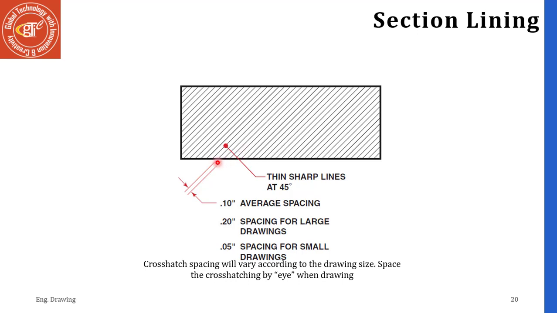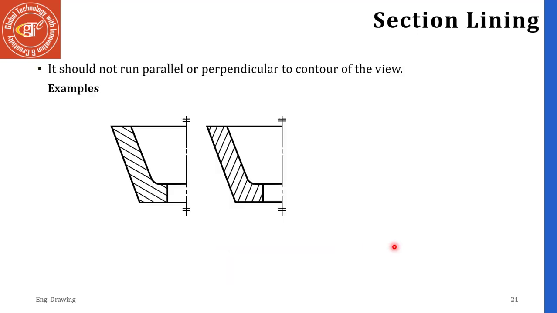The average space between two lines is 0.10 inches, and the space for large drawings could be increased from 0.10 inches to 0.20 inches, and spacing for small drawings is 0.05 inches. It should not run parallel or perpendicular to the contour of the view.